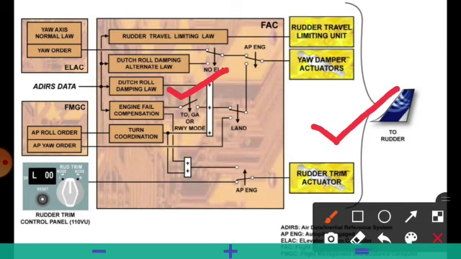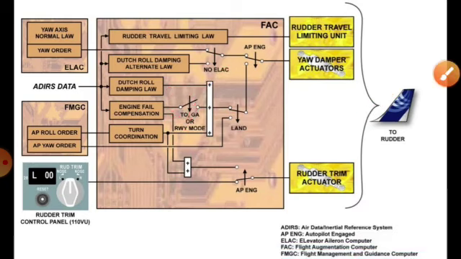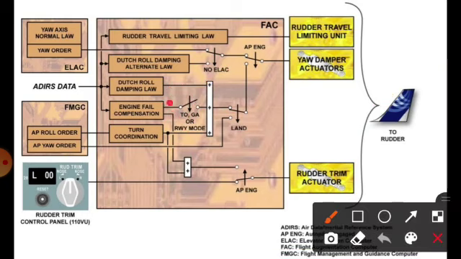Also, in case of engine failure compensation, when the engine fails in case of takeoff, you can see here: takeoff, go around, runway mode after landing. In takeoff condition, if a single engine fails, it controls the yaw. When the autopilot is not engaged, it is controlled by the ELAC.